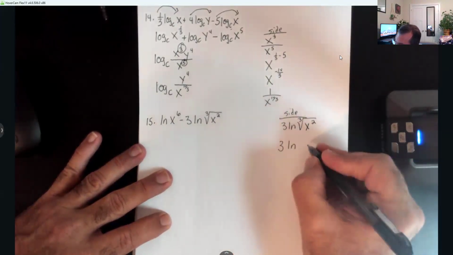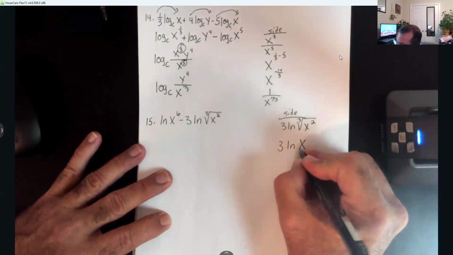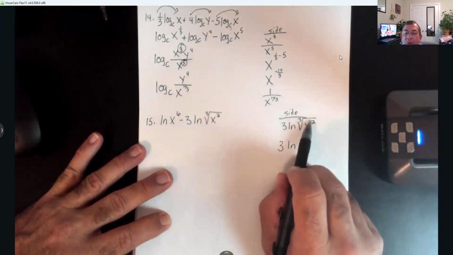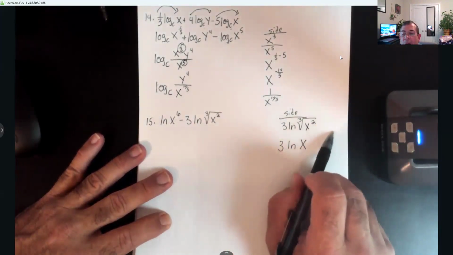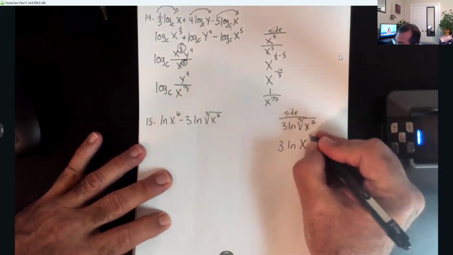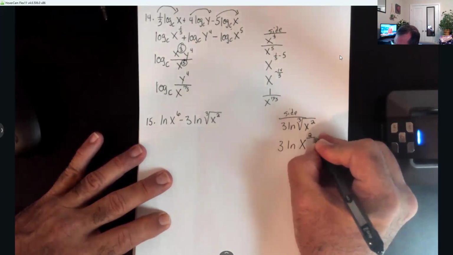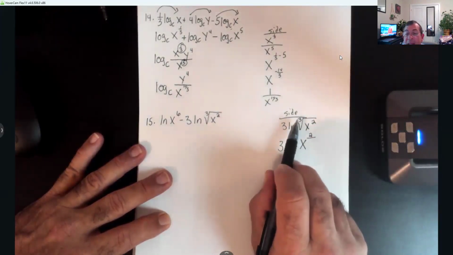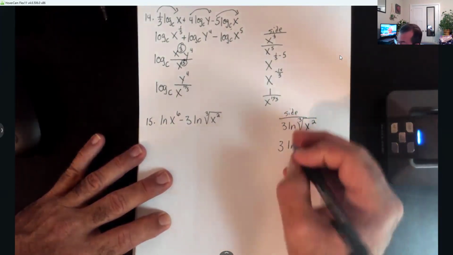All righty, y'all, so here's the thing. You got your x. Now, this radical would make a 1/3, but when your variable has an exponent by it, that becomes the top number. So this will be an x squared over the index, which is a 3.